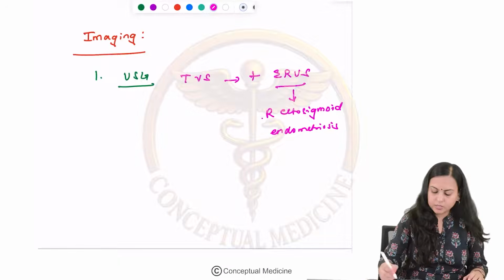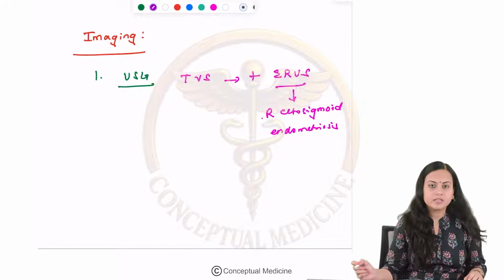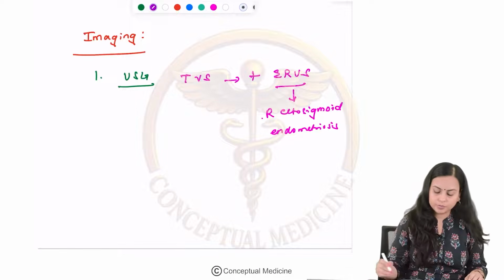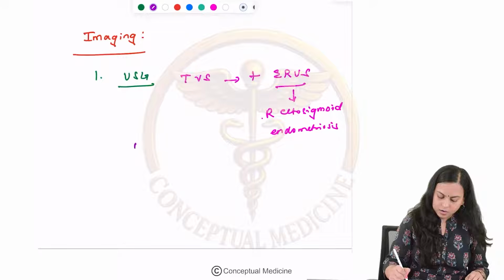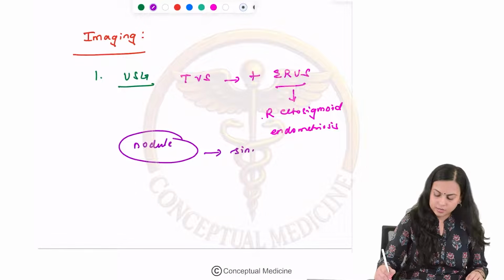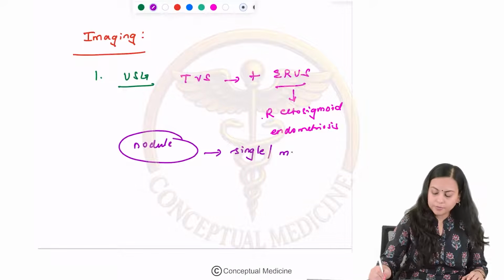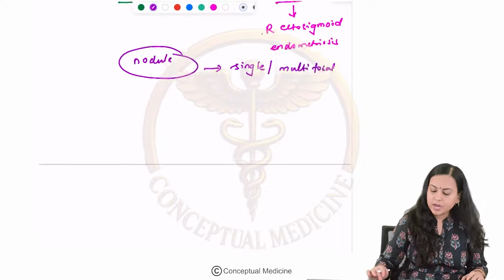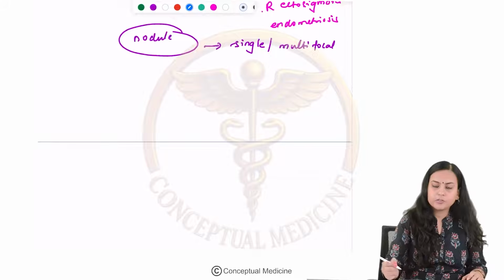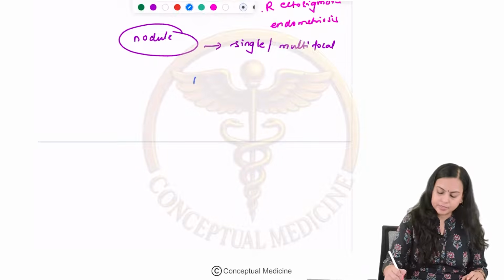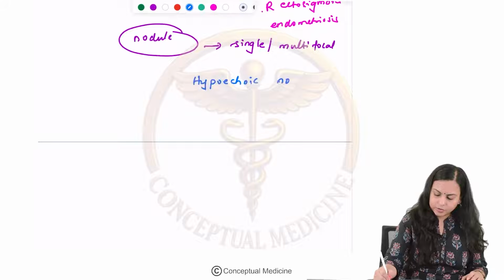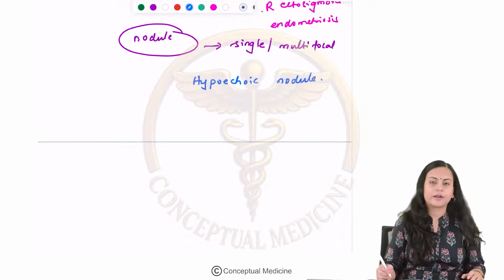Usually the appearance in endometriosis will be nodule-like, and this can be single or multifocal. And usually endometriosis is going to appear as a hypoechoic nodule in an ultrasonogram.